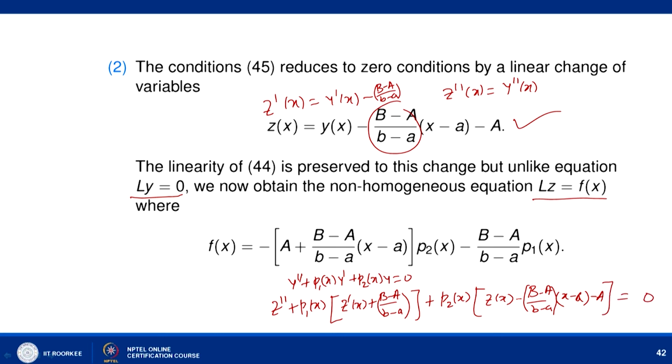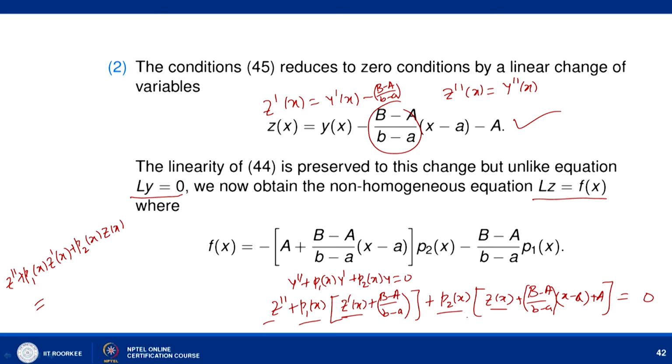I think this will be plus here and this is plus here. So, here we have this, and if you simplify, you will get z double dash plus p1 x z dash x, so this term we are taking, and p2 x z of x, and what is left we are shifting there.